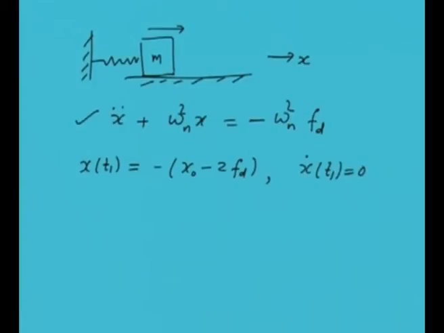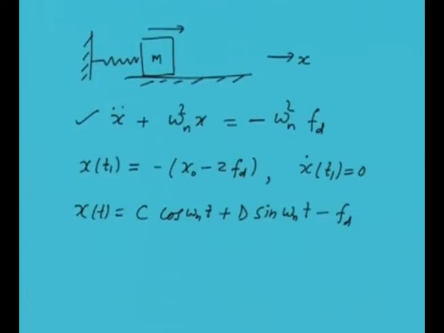So we now have to solve this differential equation for these new initial conditions. As in the previous case, let us say we have the general solution like this. Now this is Fd, because it corresponds to the term on the right hand side, negative, so it comes from there.